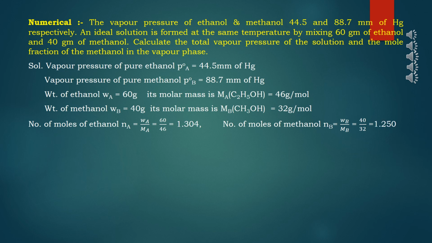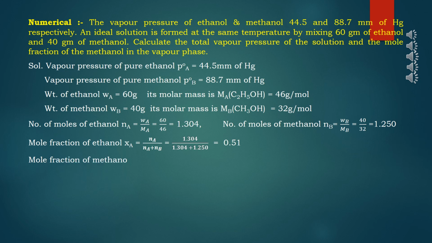So from the values of number of moles, we can find out the mole fraction of ethanol, Xa, which is the number of moles of ethanol divided by the total number of moles of both the components. By putting these values, it comes out to be 0.51. And the mole fraction of methanol we can find out by applying the formula Xb is equal to 1 minus Xa, that is 1 minus 0.51, which is equal to 0.49.